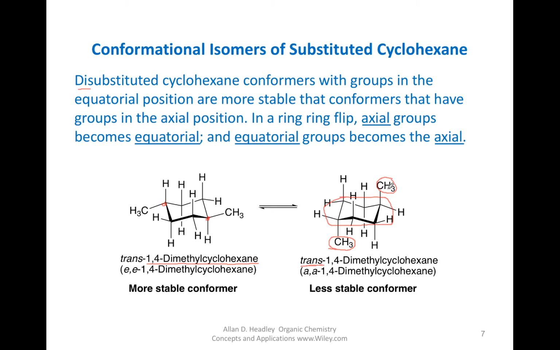So it's a trans 1,4-dimethyl cyclohexane. This one is a little trickier to see because here's a methyl group in the equatorial position, and here's the methyl group in the equatorial position. But we've seen from the previous slide a ring flip, taking this carbon and flipping it down, and this one flipping it up, puts this group here in the axial position, and this group here, which is in the equatorial position, it puts it in the axial position.